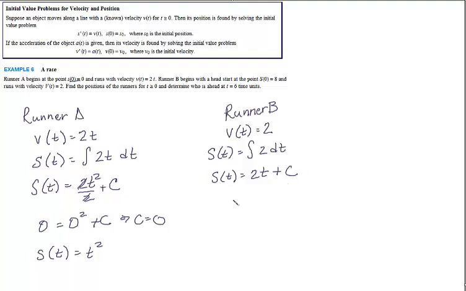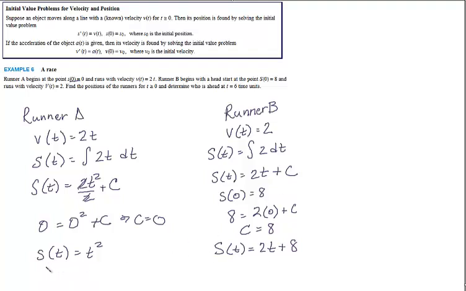And my initial condition is s of 0 equals 8. So when t is 0, s is 8. So let me get that: 2 times 0 plus c. That tells me that c is 8. So runner B has a position equation of 2t plus 8.